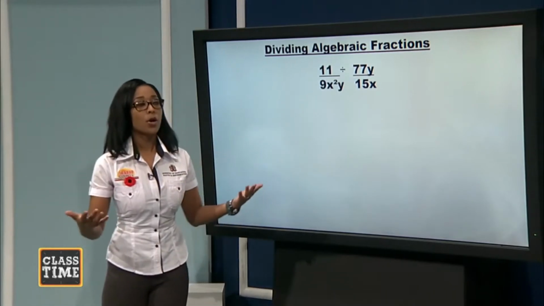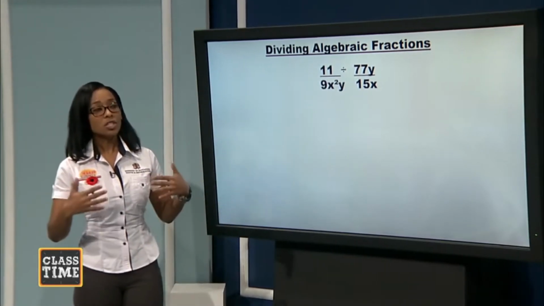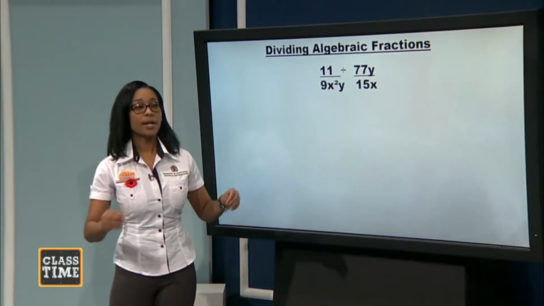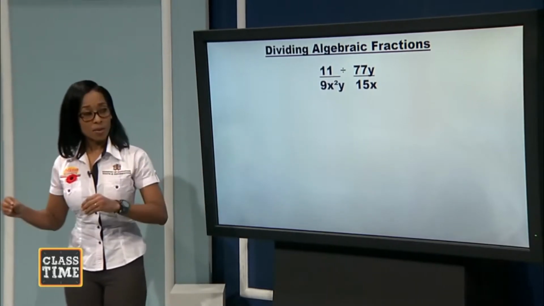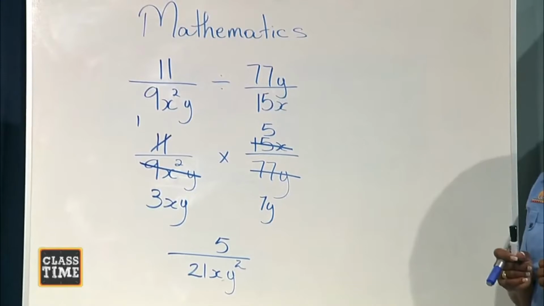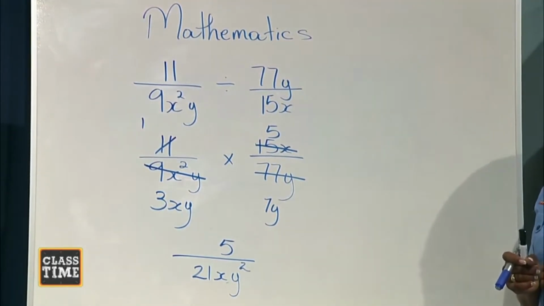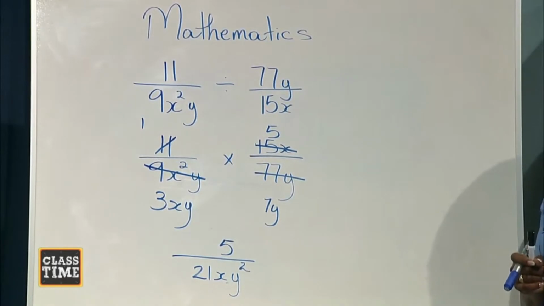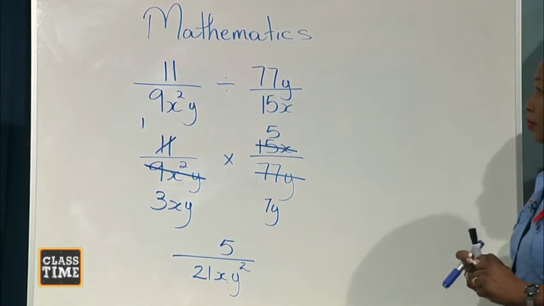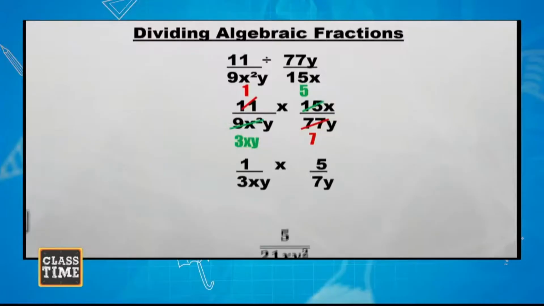After simplifying, she went ahead to multiply the numerators and multiply the denominators, which is how she has 5 all divided by 21xy squared.